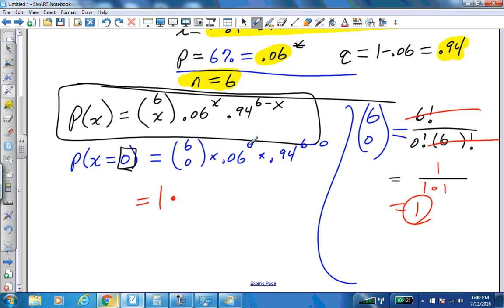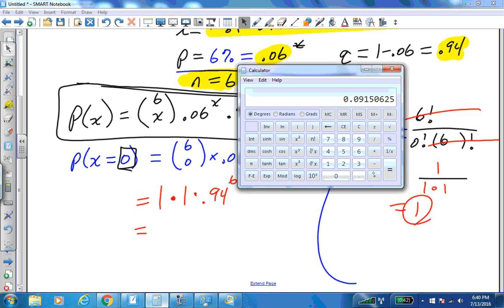Times 0.06 to the 0, anything to the 0 power is 1, times 0.94 to the 6. So 1 times 1 times 0.94 raised to the 6th power. To 3 decimal places, this would round up. So 0.690.